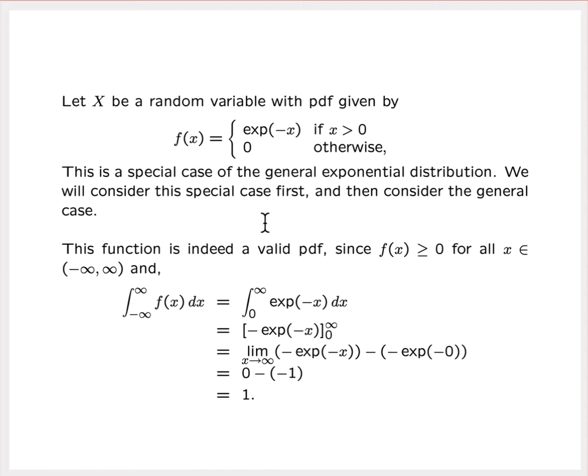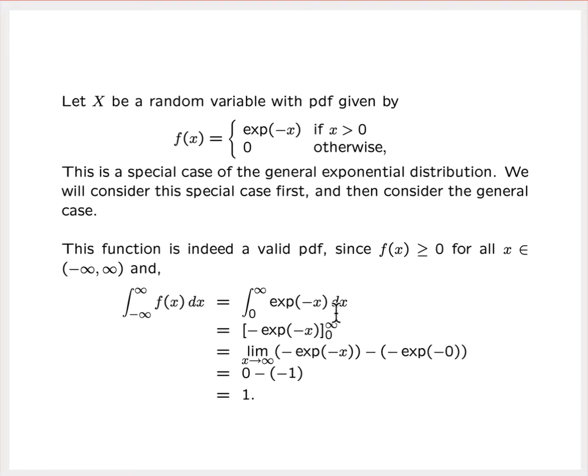Well, those two criteria are indeed met. If you look at this expression, it's either something positive, or it's equal to 0. It never takes on a negative value. And so this function evaluates to a non-negative value for every real number x.